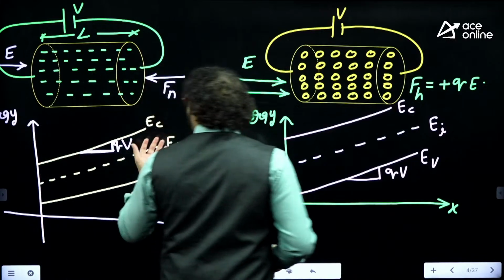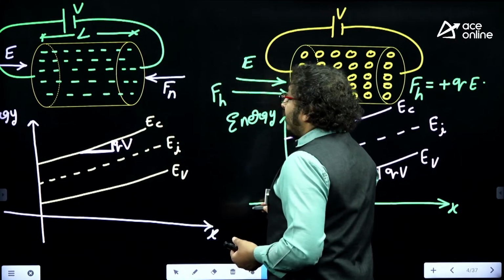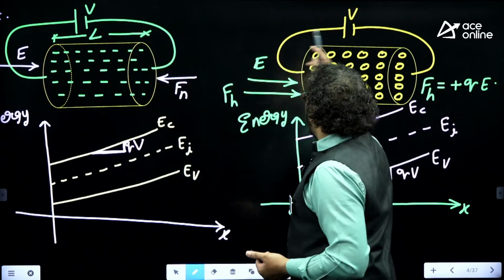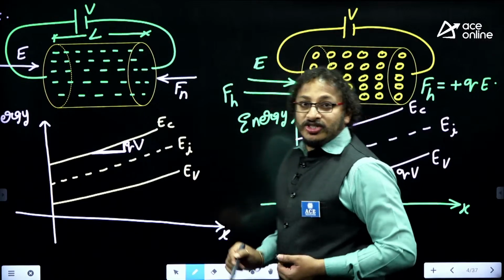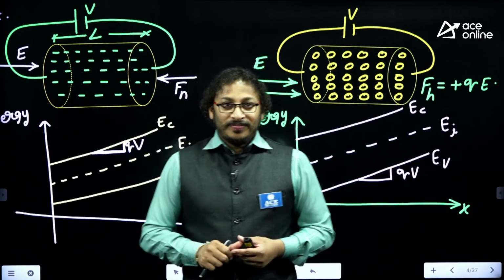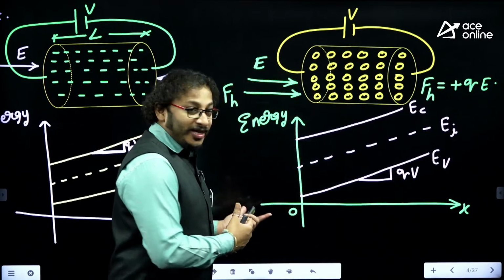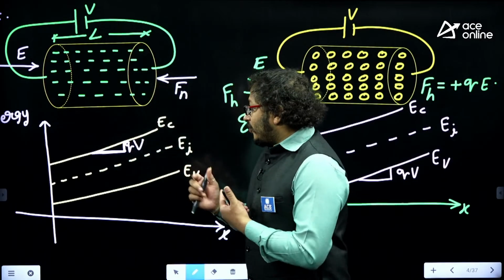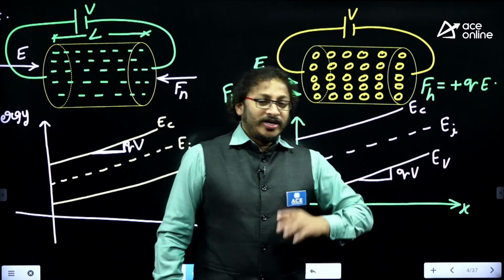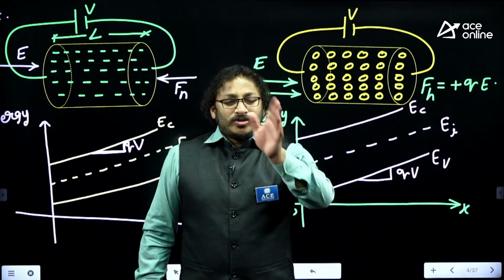So if you check, my dear boys and girls, whether it may be electrons or holes, if the voltage is applied with the same polarity, I get the same graph. Have you observed or not? That is why in the exam, even though it is given as p-type or n-type, take electrons as the only reference.